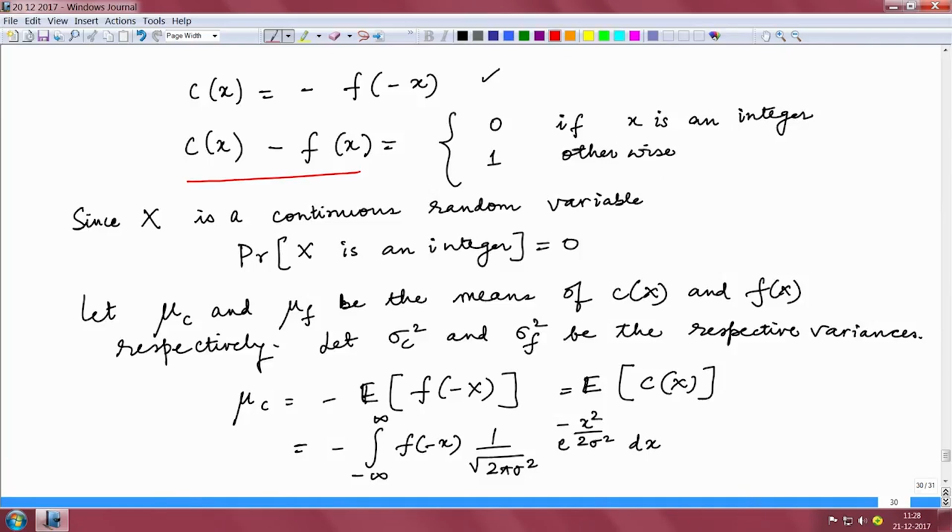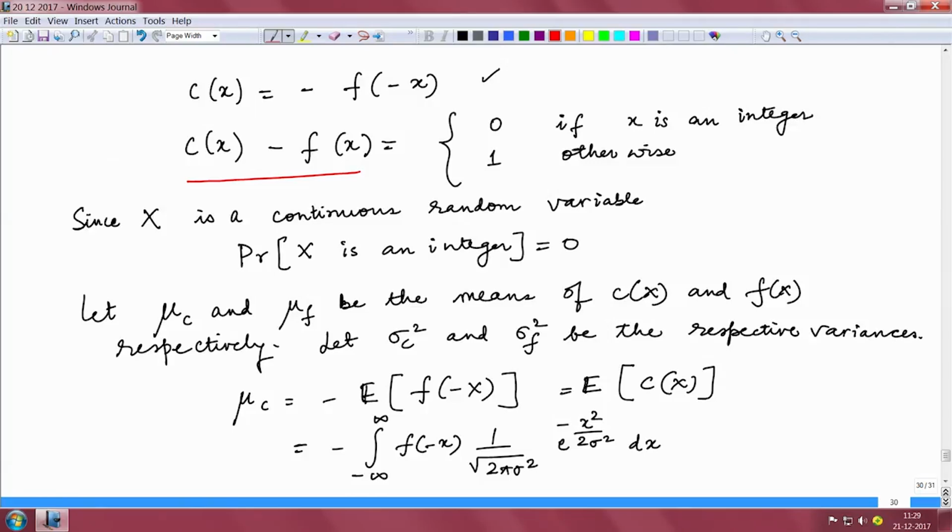This is like an indicator function which indicates what type of values the difference c of x minus f of x takes: 0 or 1. It becomes 1 whenever x is not an integer, and 0 whenever x is an integer.